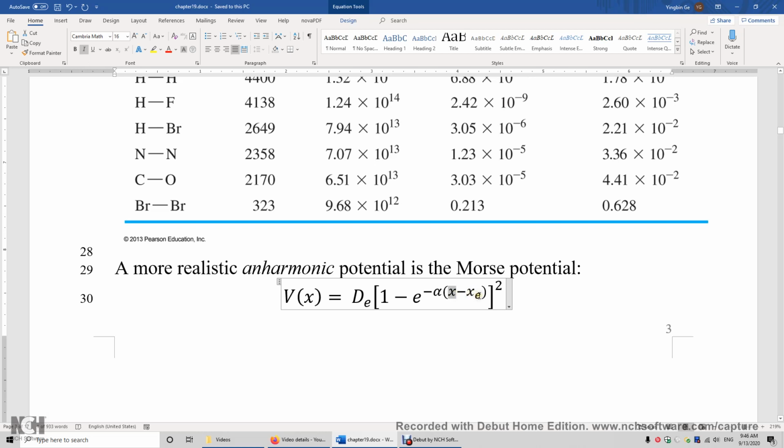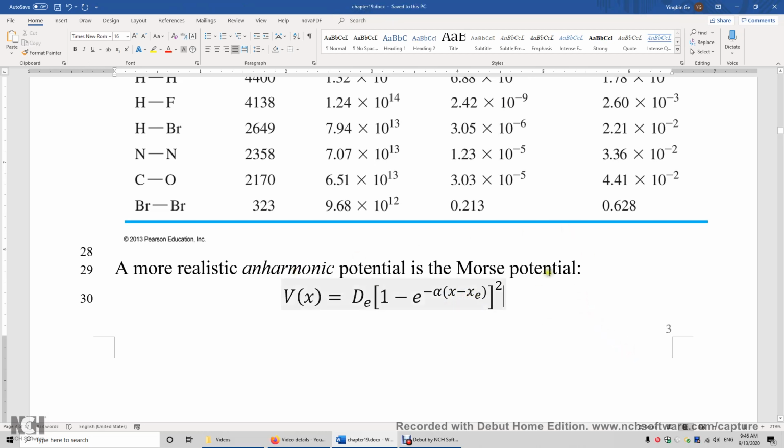X sub e is the equilibrium bond distance. So unfortunately, I'm using x for two different things on the same page, only because I'm trying to follow the textbook, so you're not confused when you read the textbook. So again, over here, x minus x sub e is the displacement.